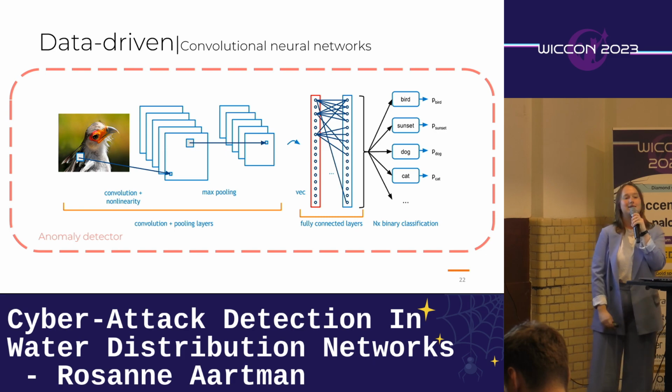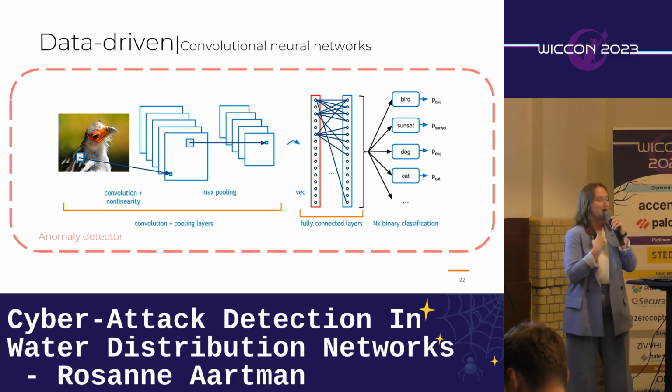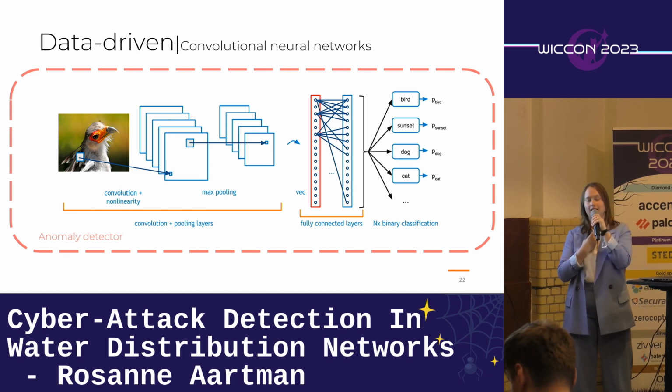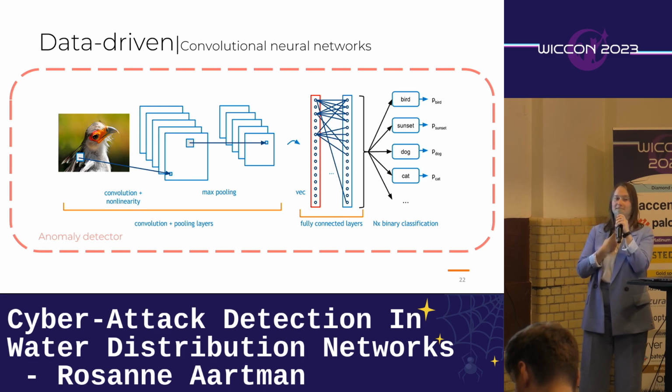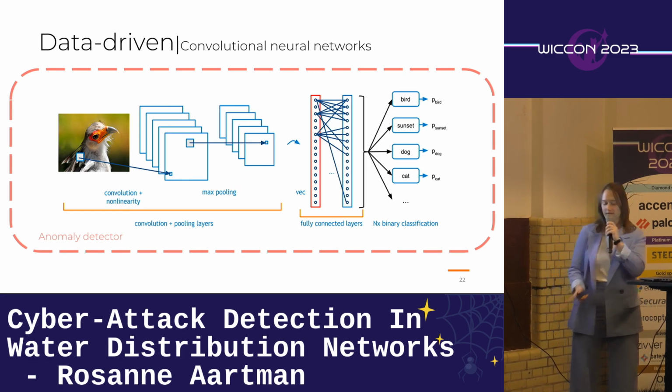So now I have explained this as part of an image, but in my case I'm looking at a water distribution network with a lot of input data representing a complex infrastructure.